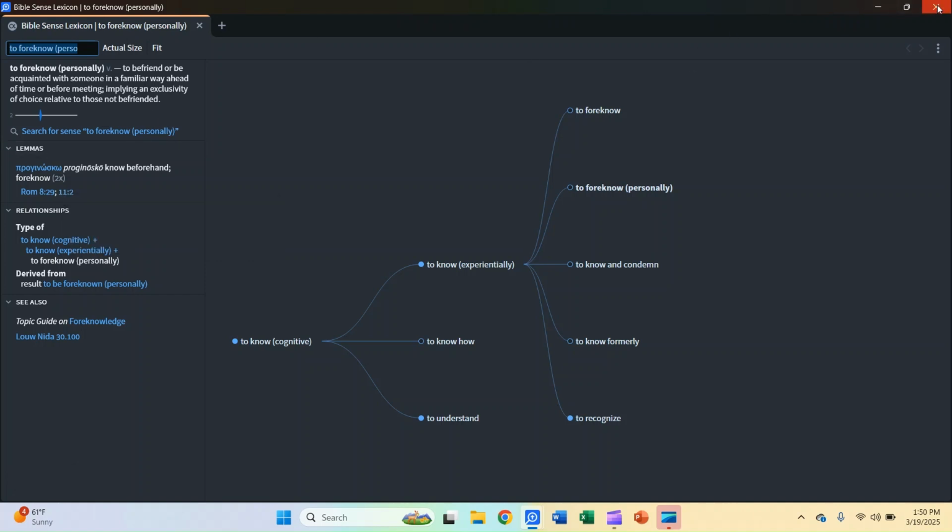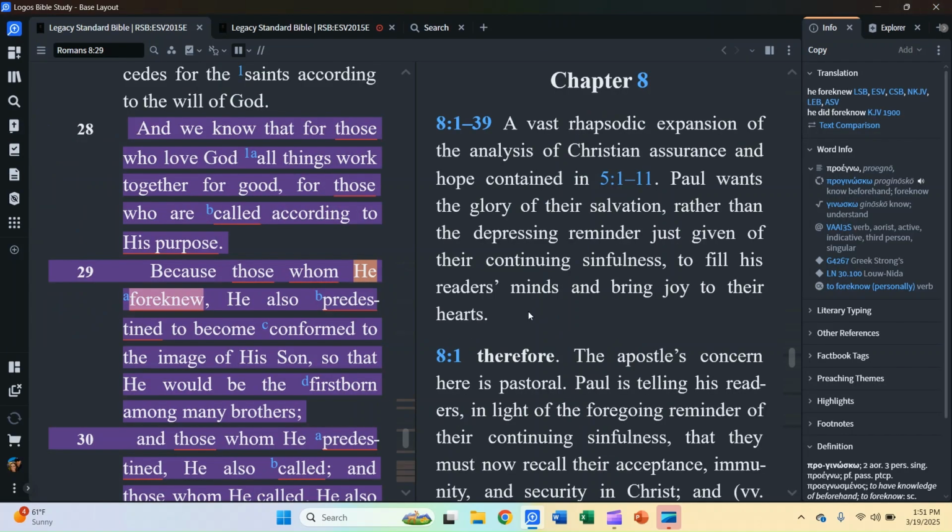So we can see in this sense that it's about personally knowing someone. It's not about what he foreknew, those whom he foreknew. It is a personal relationship. So he's not learning what's going to happen.